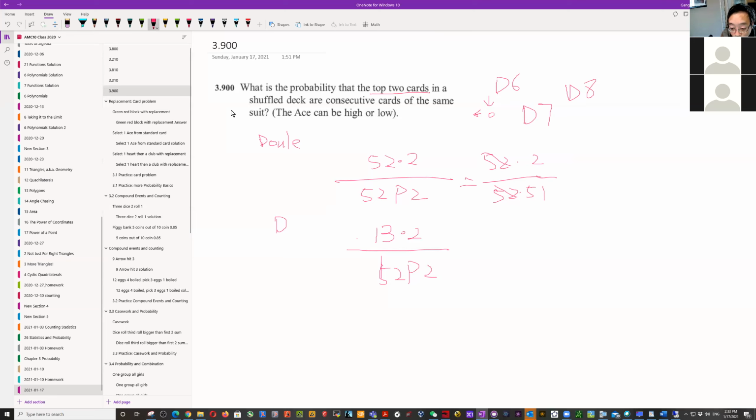Then spade, diamond, club, and if you accumulate, it's going to be the same. So I think it should be this number.